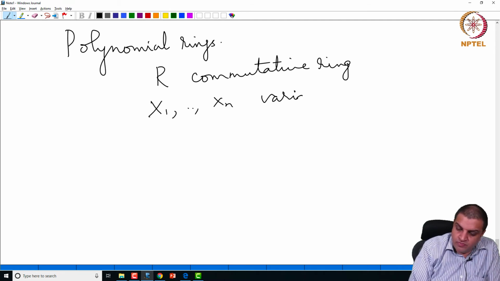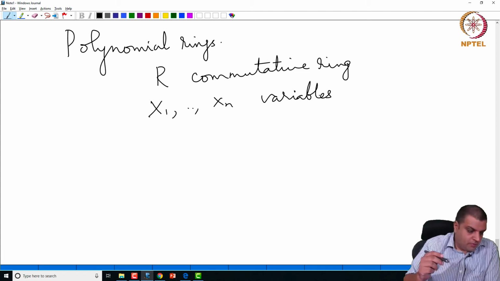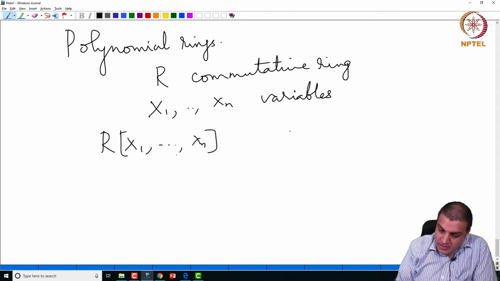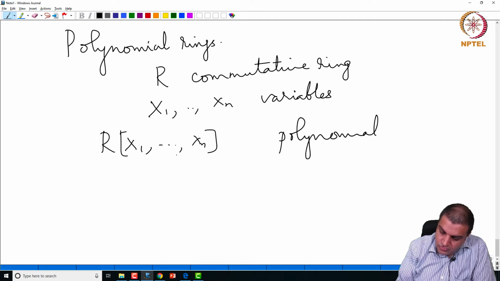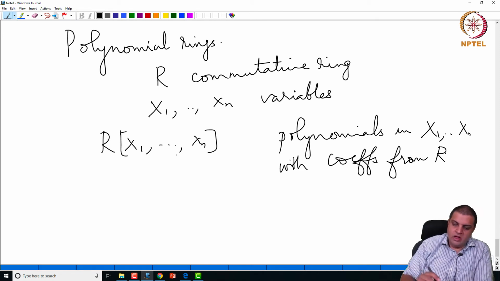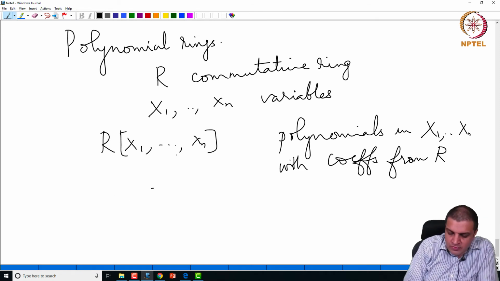And by R[x1, ..., xn], we mean the set of polynomials in the variables x1 through xn with coefficients from R, and this is a commutative ring with the usual polynomial addition and multiplication.